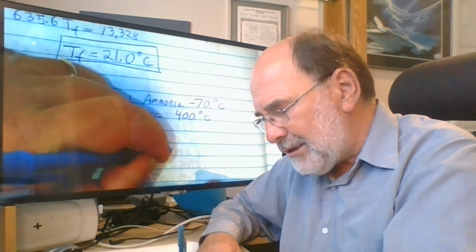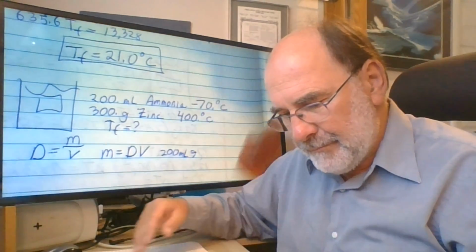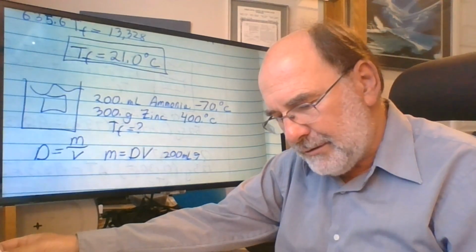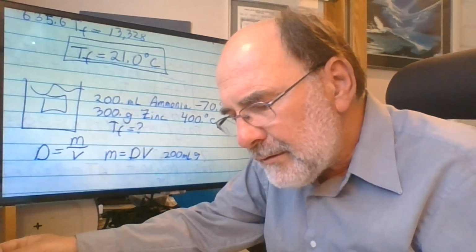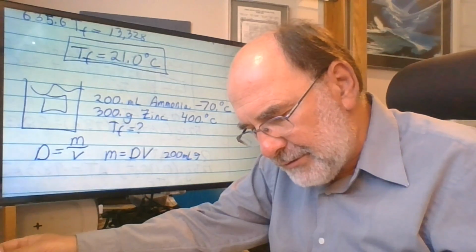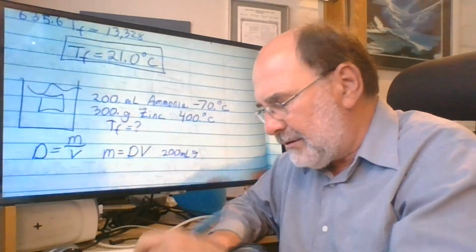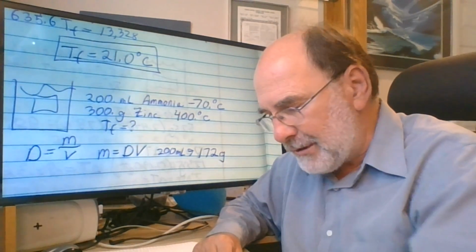And these 200 milliliters of ammonia then 0.86 times, oh, so my calculator I goofed. So 200 times 0.86, enter, and it says 172 grams of ammonia is what I'm really working with.